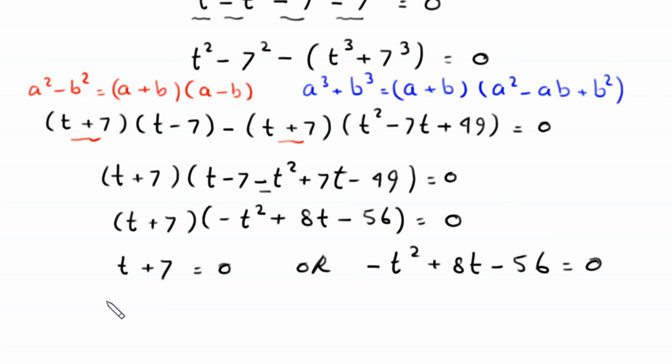From this equation we get the value of t = -7, and from this equation we multiply the whole equation by negative 1. So this will become t^2 - 8t + 56 = 0.